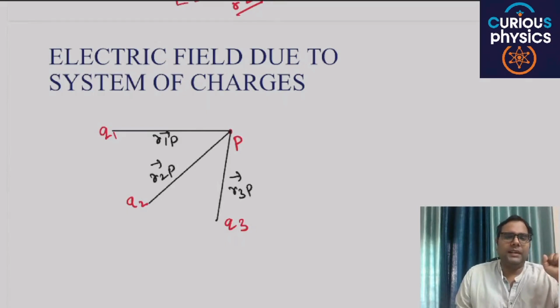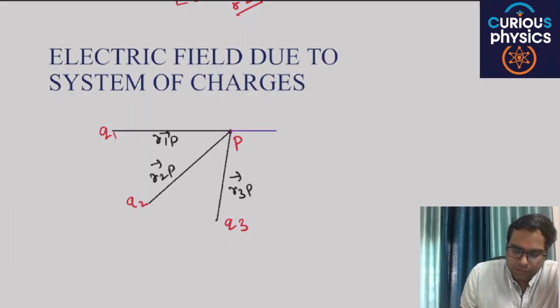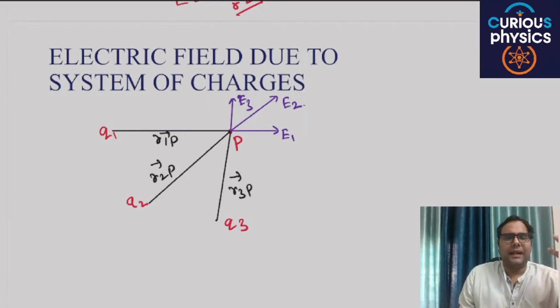You have to find the electric field at the particular point P. For example, let this distance be r1P, this distance r2P, and this distance r3P. So these are basically the vectors. If q1 is a positive charge, then the electric field due to q1 is in this direction, due to q3 in this direction, and q2 is somewhat in this direction. So you have to just add, the same as you added the forces on a charge.